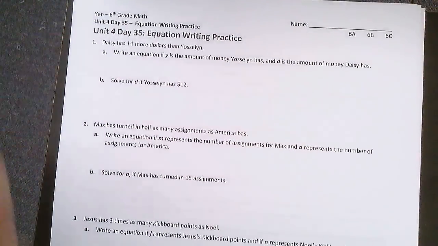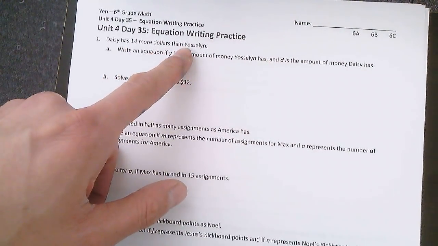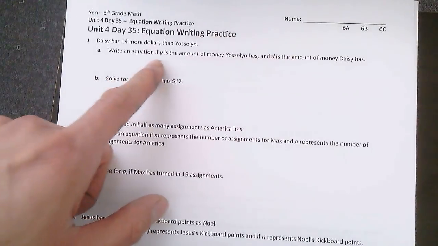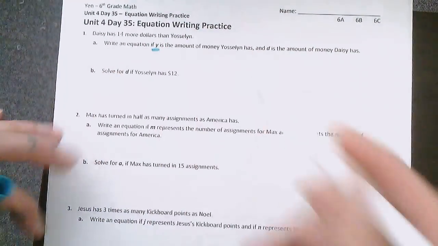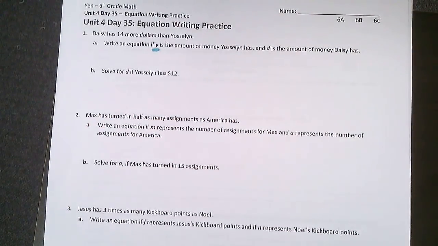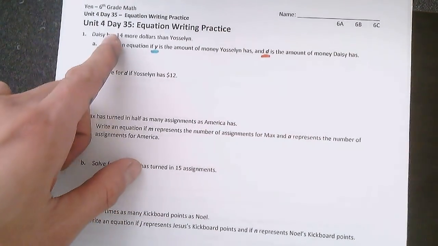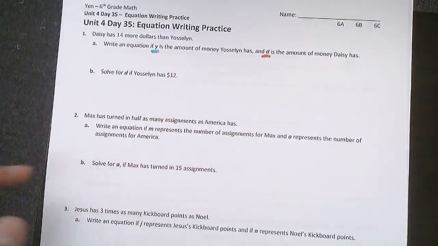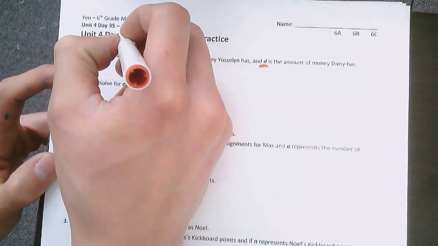Let's read the problem. Daisy has $14 more than Jocelyn. Write an equation if Y is the amount of money that Jocelyn has, and if D is the amount of money that Daisy has. So we have two variables, Y and D, and we know that Daisy has $14 more than Jocelyn. 14 more is the same thing as plus 14.